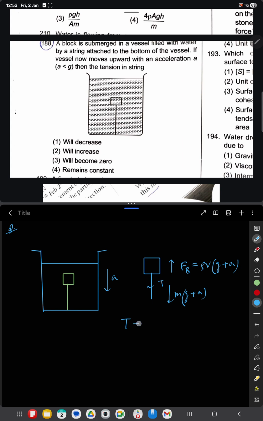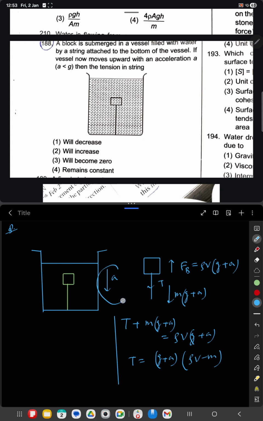So T plus m into g plus a should be equal to rho into V into g plus a. So T is equal to rho V minus m into g plus a, you can take it common. This will be the answer. Let's assume there is no acceleration in this vessel, so a will be 0. Then you may write this as Ti, where Ti is equal to g into rho V minus m.